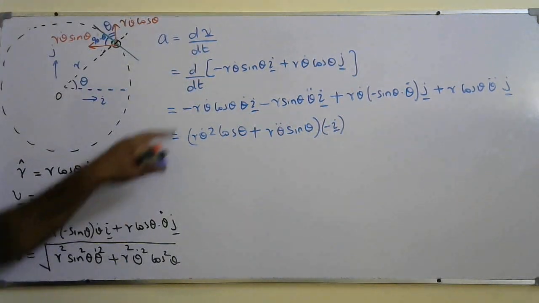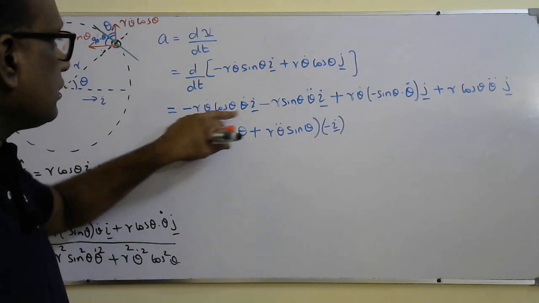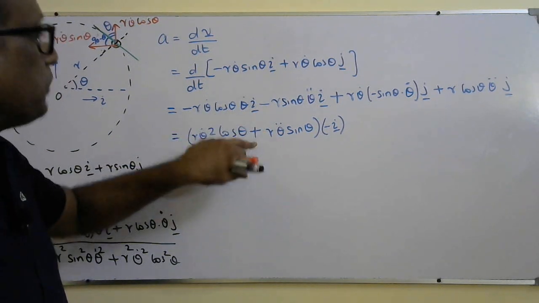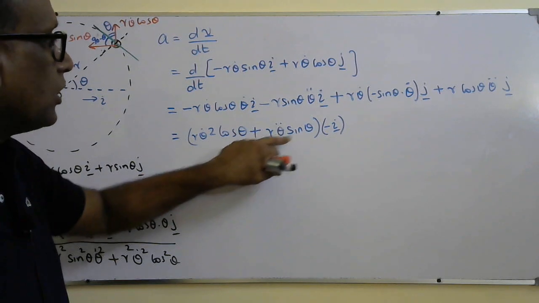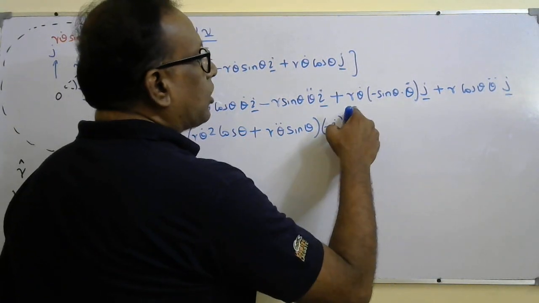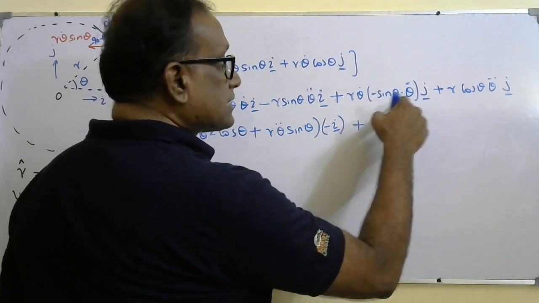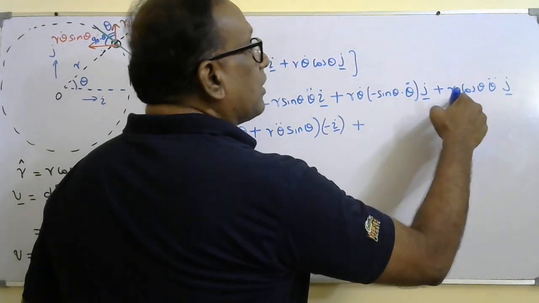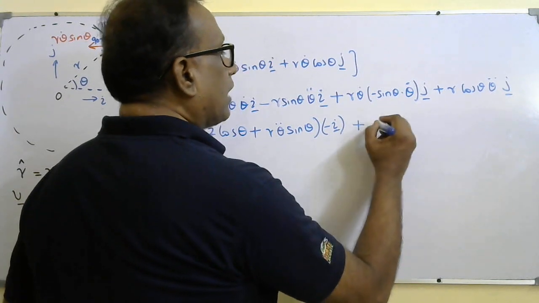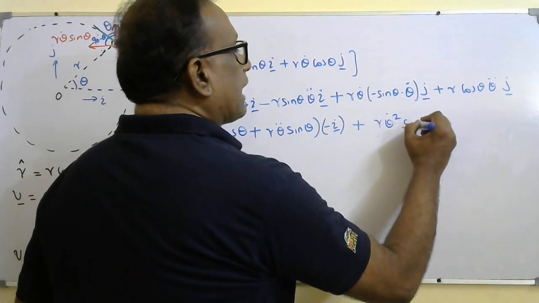I can write this way, no? Because I took minus common, I put it with the i. r theta dot squared cos theta plus r theta double dot sine theta, minus i, plus here also r theta dot squared, minus j. This I can write this way. So I can write this one as r theta dot squared sine theta.